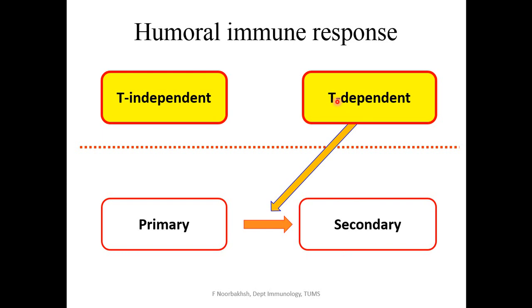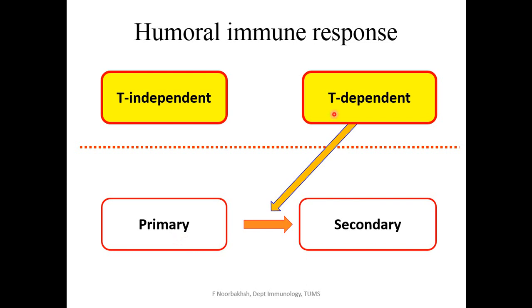In other words, if I have a type of antigen which does not involve T cells, like polysaccharide antigen or lipid antigen, regardless of how many times we get exposed to that antigen, our response will always be primary. So it's mostly IgM, not very much of other classes, not much memory B cell formation, not much affinity maturation. So this is called the primary response. And even the second time, again, my second encounter with the antigen, my response will be primary. The third time, again, my response will be primary. So that's the meaning of primary in here.